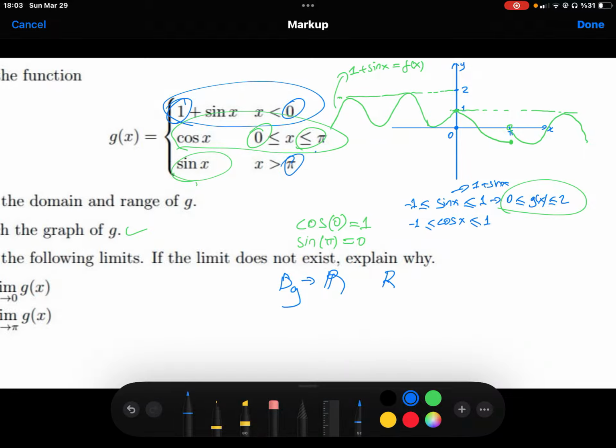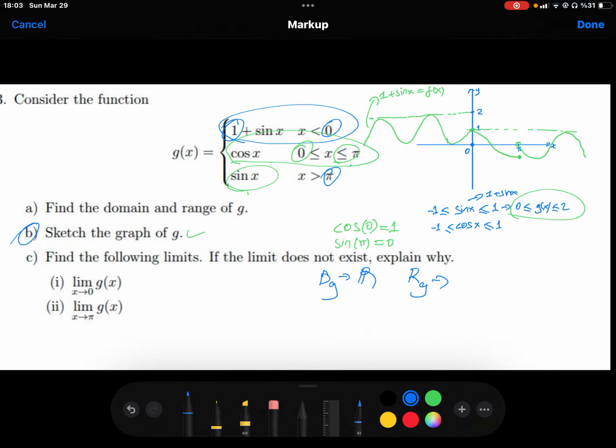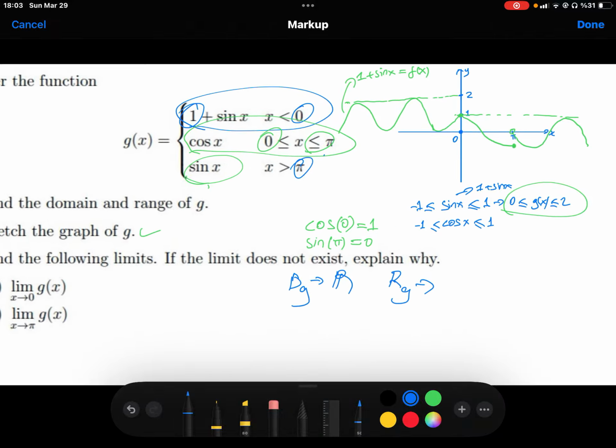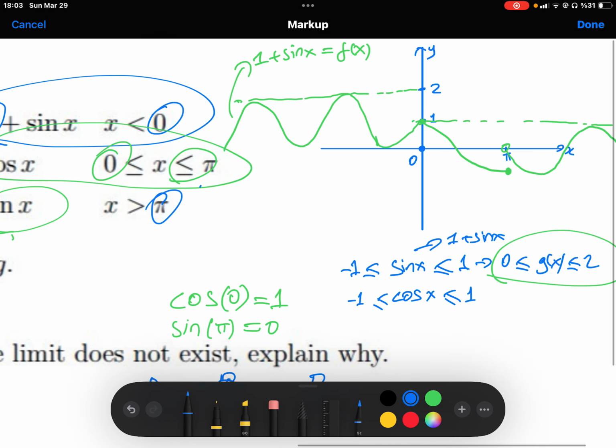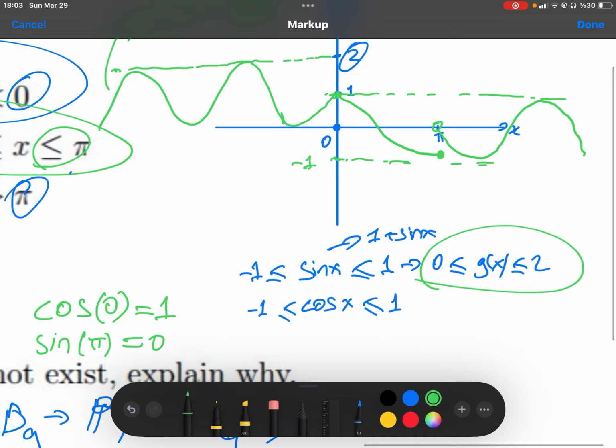Domain of G and range of G will be, the maximum value is 2, and the minimum value, we didn't write it. Let's write. The minimum value will be 0, no, -1.